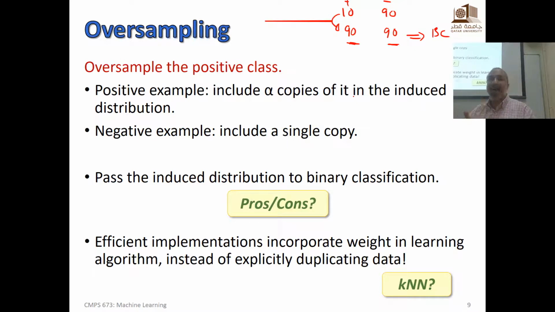Can you think of how we can make a very slight modification to the way that KNN works so that it can consider the copies without actually copying the examples? The question is, how can we modify KNN so that it will consider alpha copies of the positive examples without actually computing the distance to the positive example 9 times if alpha is 9?